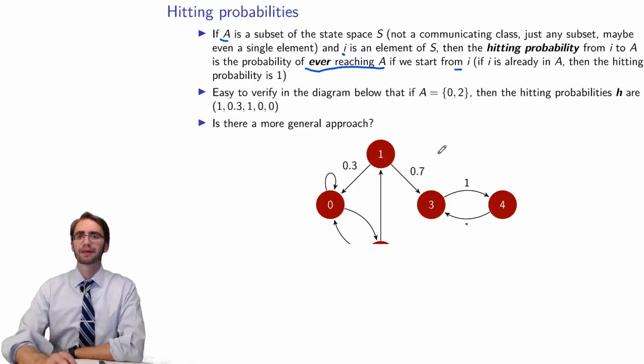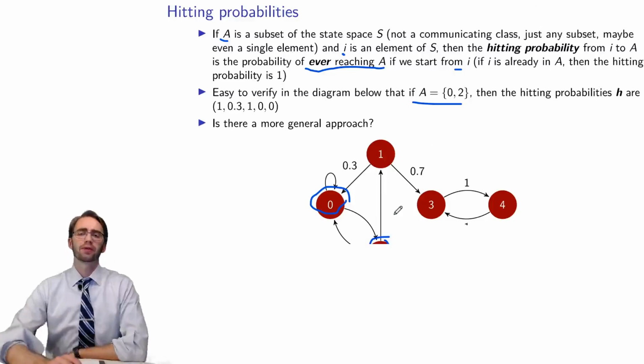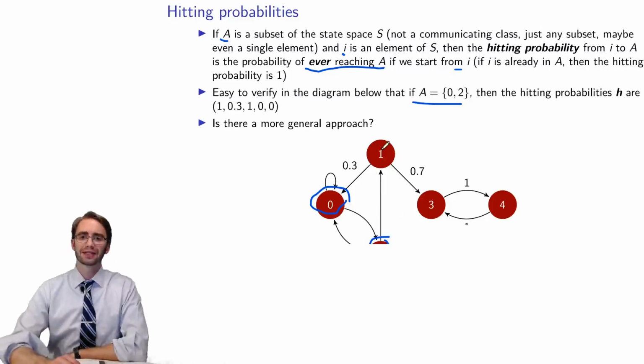So what do I mean by this? Say A is 0 and 2. I'm interested in this set down here, 0 and 2, and what I'm going to ask is, from all these other states, 1, 3, and 4, what's the probability that I will ever land in state 0 or state 2?